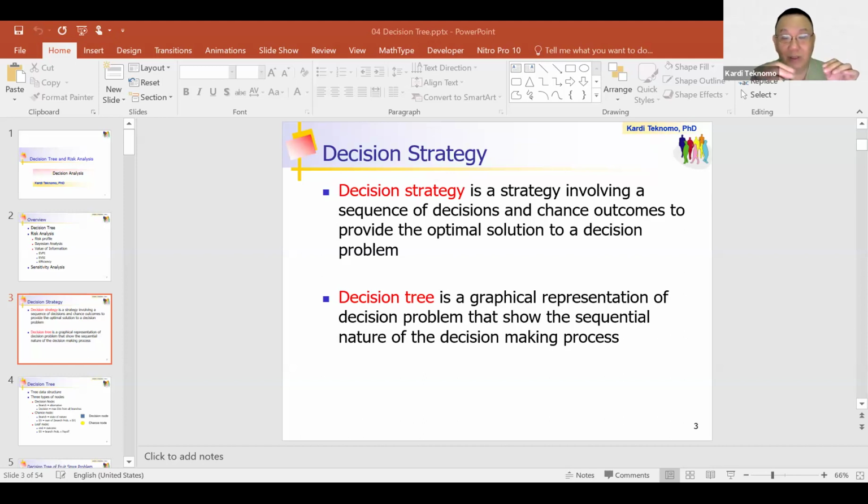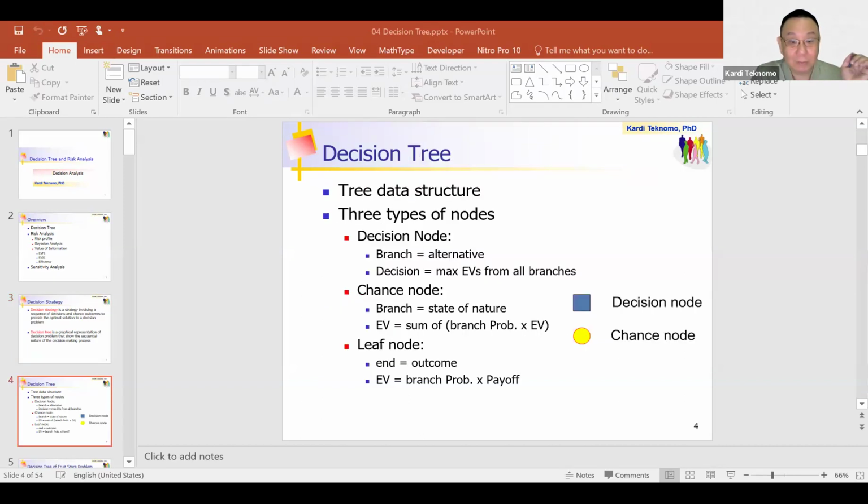When you have not just a one-time decision, but a sequence of decisions, a strategy involving a sequence of decisions with chance is called a decision strategy. There is one tool called a decision tree, which is graphical and helps you make sequential decisions in the decision-making process. A decision tree is very simple.